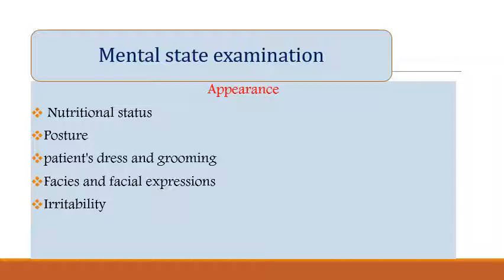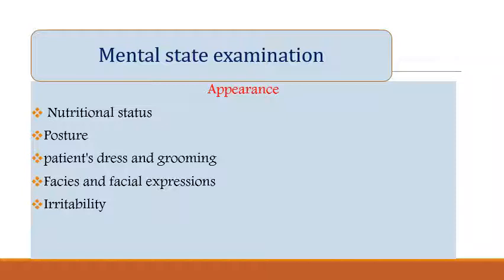The posture of the patient. If I am facing, for example, a patient with a flexed attitude, he may be suffering from Parkinson's disease. The patient's dress and grooming, the way he is taking care of himself. If the patient has self-neglect, he may have dementia or depression. The features of the patient may be characteristic of some illness, such as Down syndrome or chronic hepatic disease.